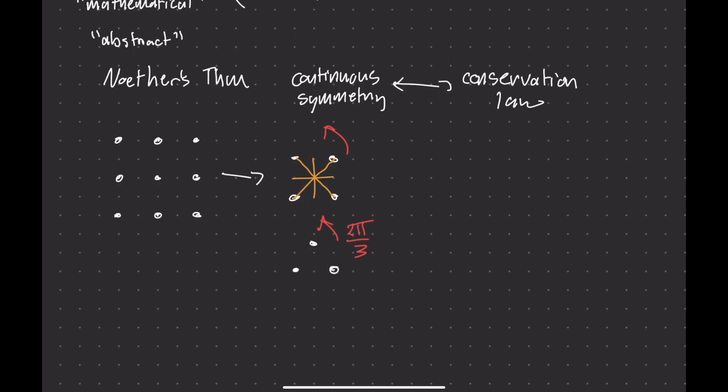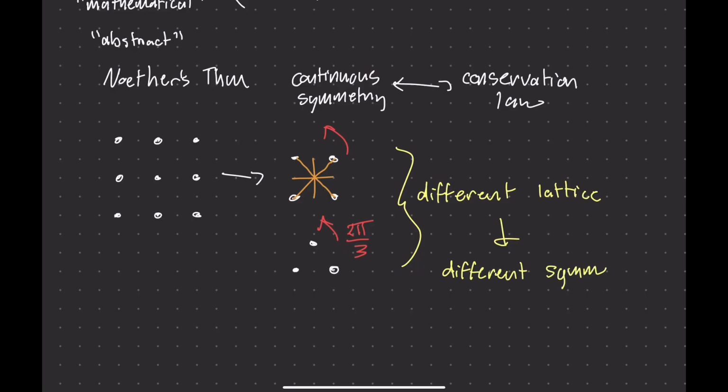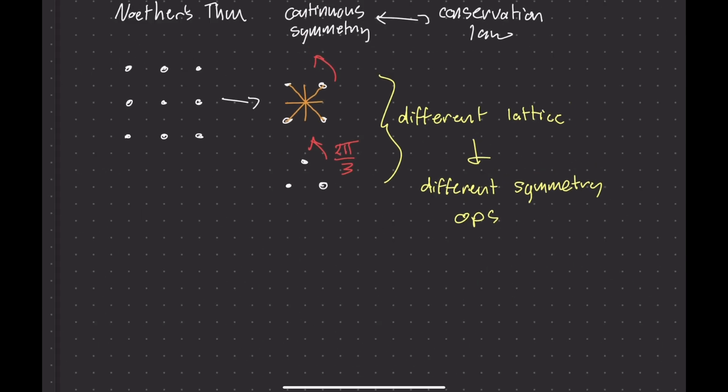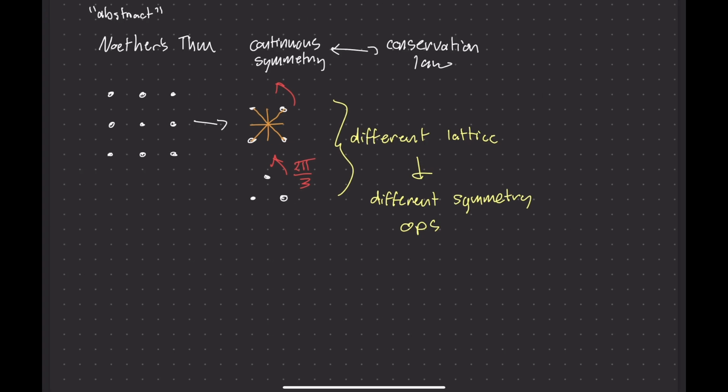So the idea is that between these, you have different lattices, you have different symmetry operations. So this fact is useful as a classification system.